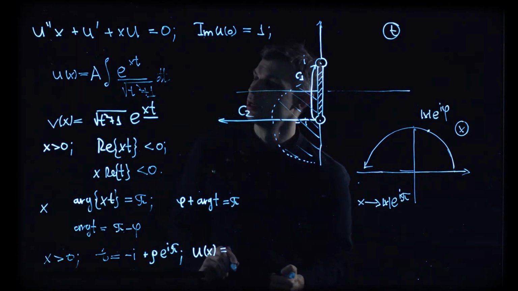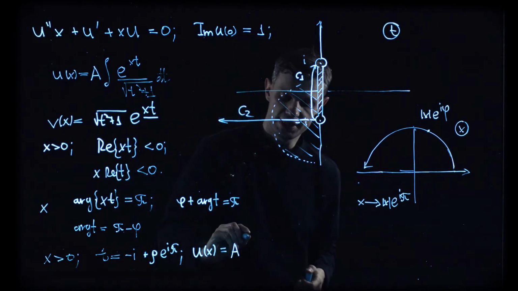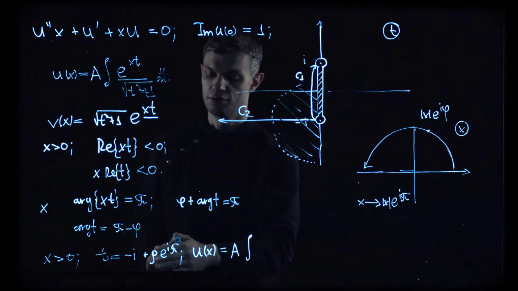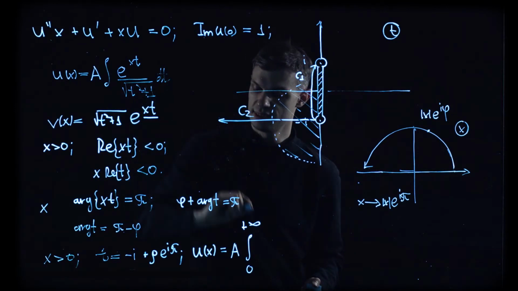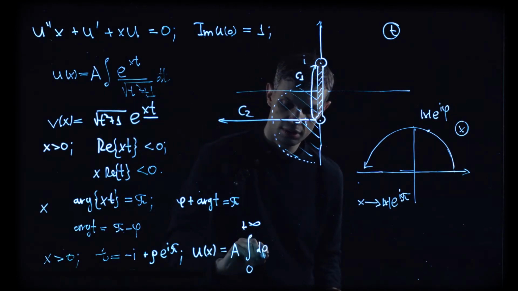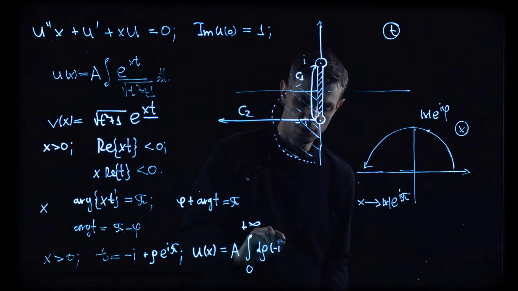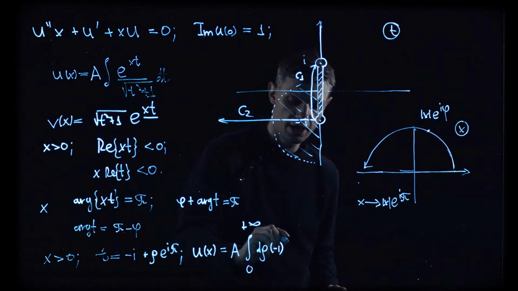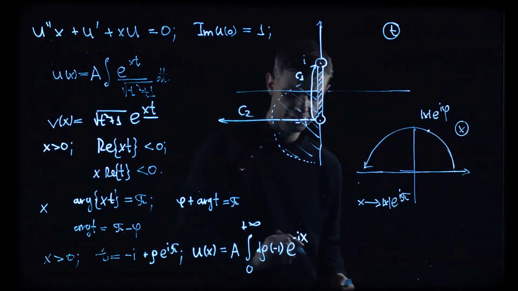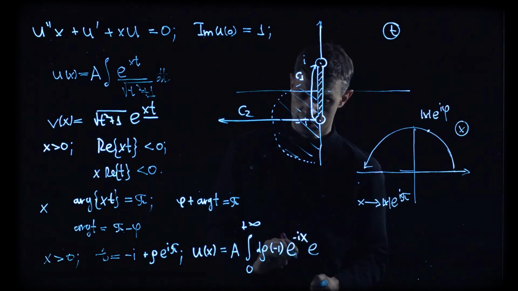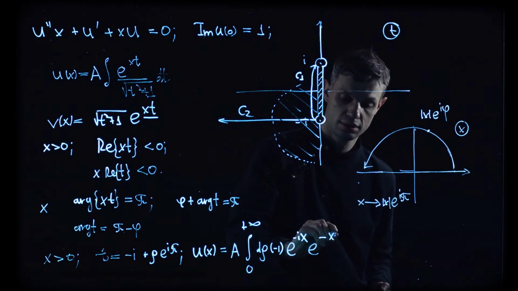So u of x is equal to this constant a times the integral from 0 to plus infinity, dt is equal to d rho times e to the i pi, which is basically minus 1. And here we have e to the minus ix, times e to the minus x rho.